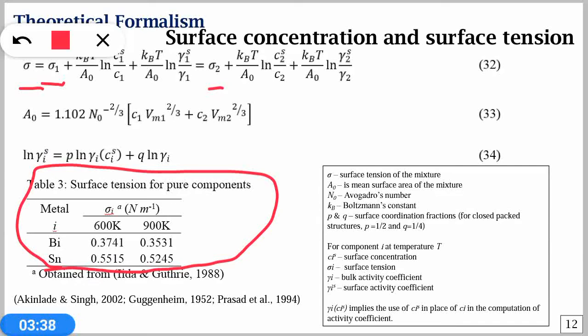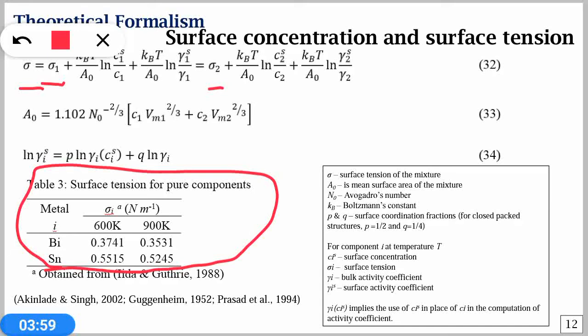In equation 32, C1 is concentration of component 1 in the mixture, while C1s is the concentration of component 1 at the surface. Component 1 in this case is bismuth.